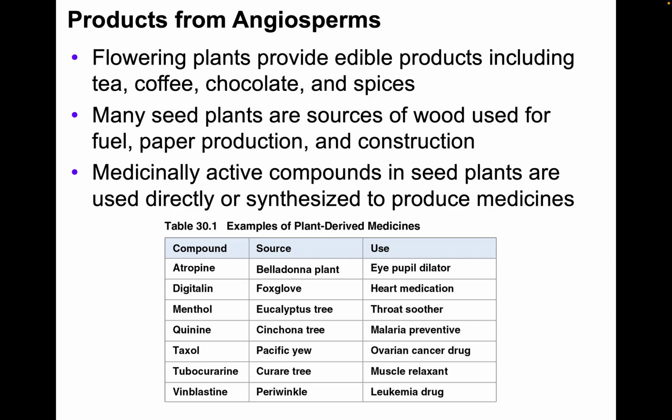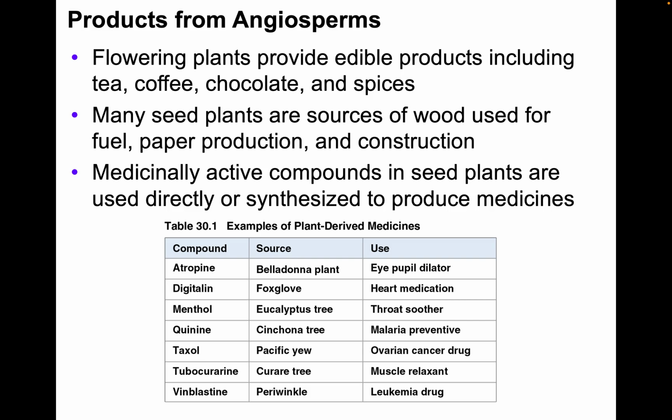Just so you can see, beyond our cereal grains, all the other products that we rely on, tea and coffee are angiosperm products. Chocolate is made from the seeds and fruits of the chocolate plant. So many of our spices are all made from some part of an angiosperm plant.